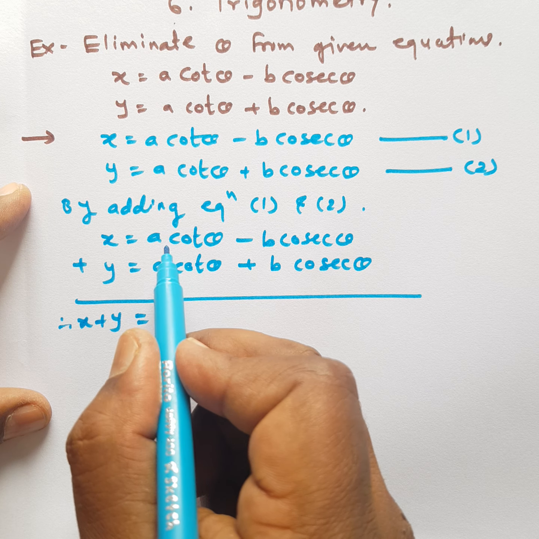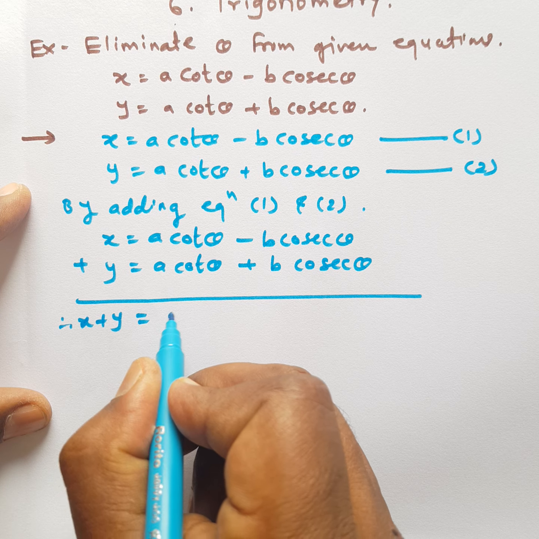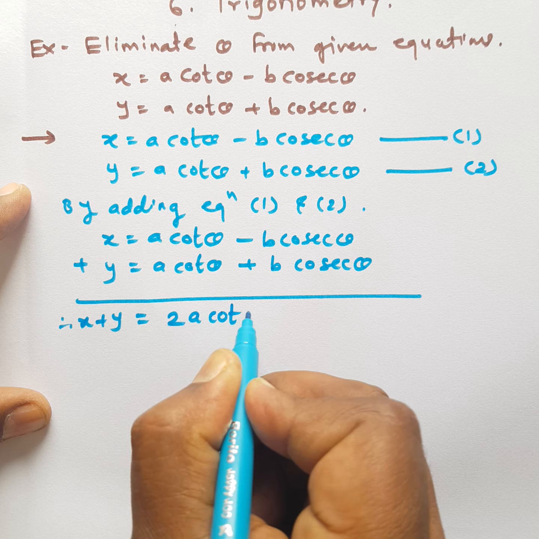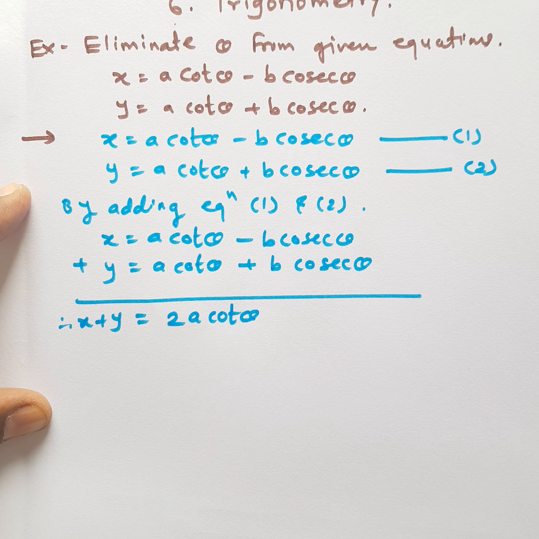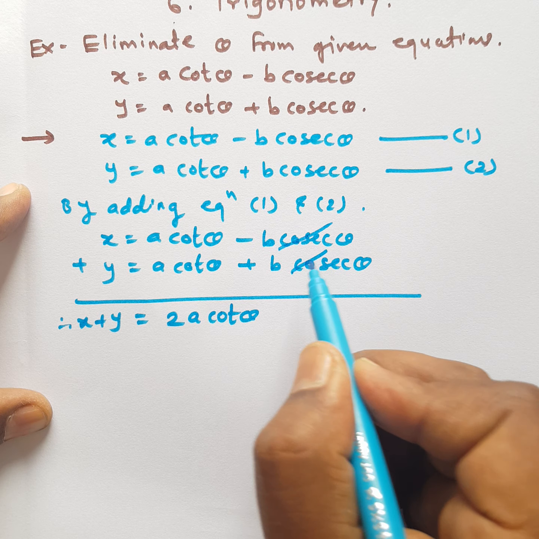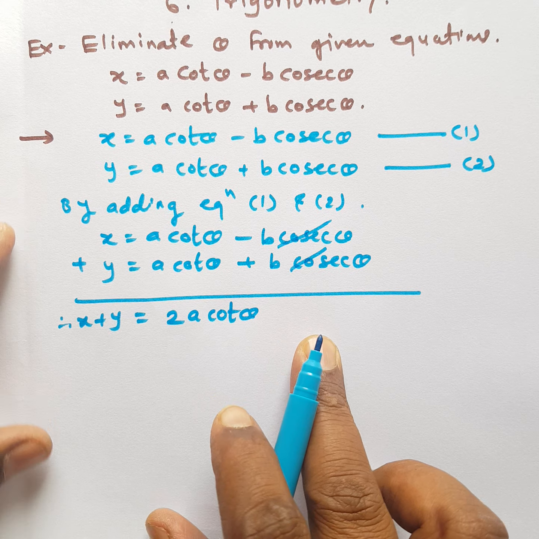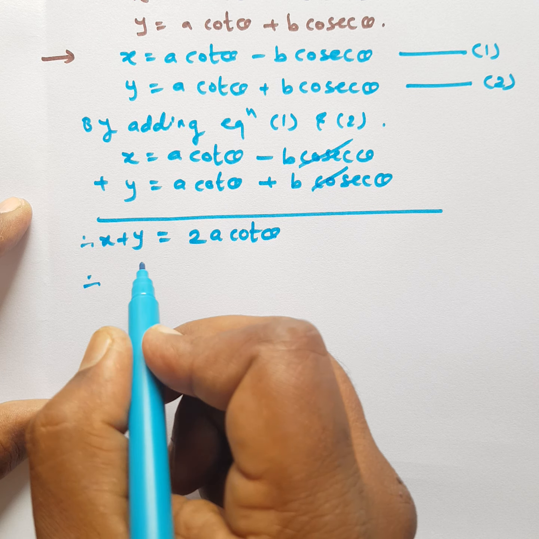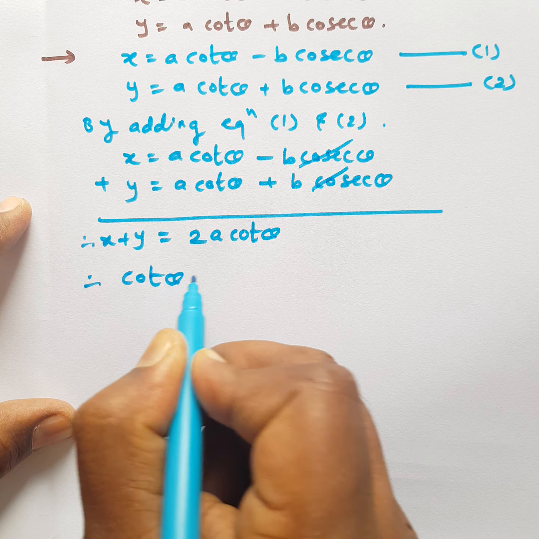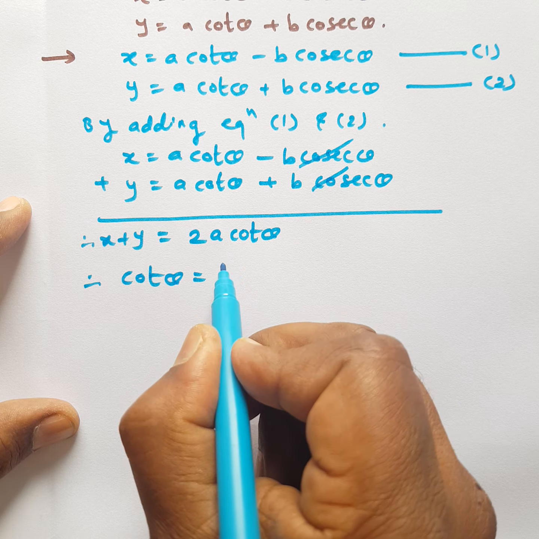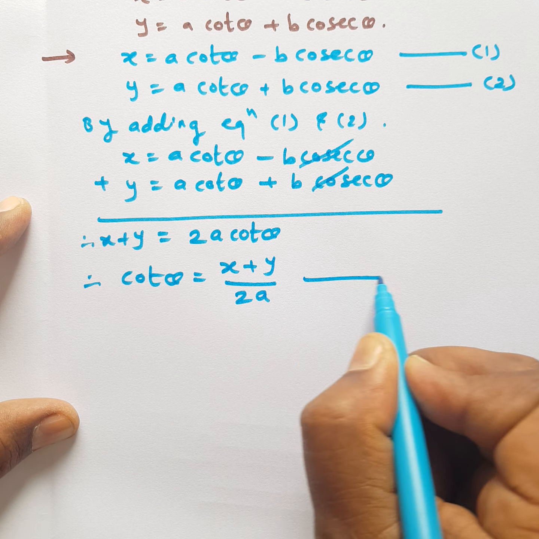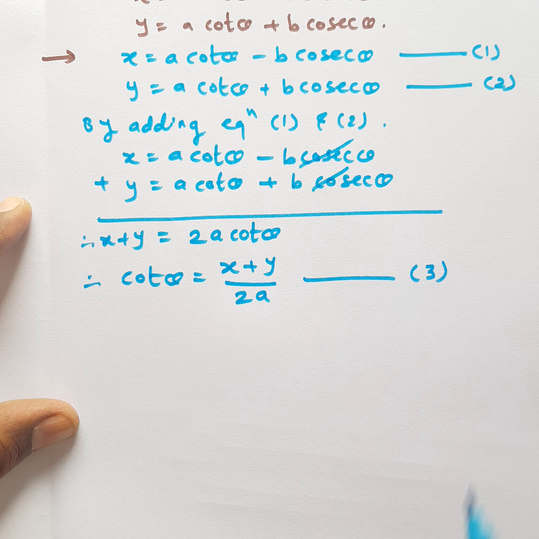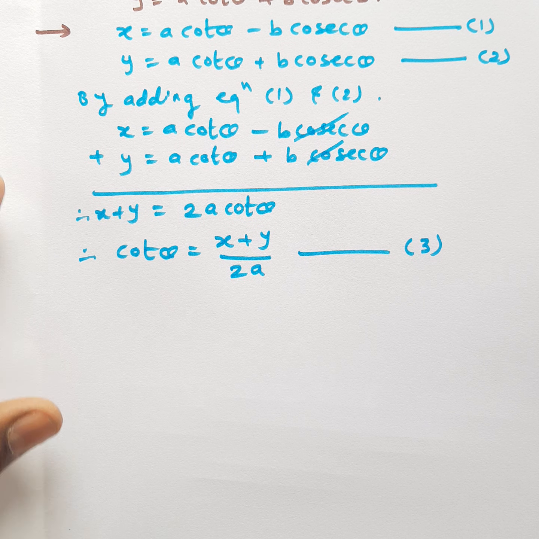Addition on the right side, a cot theta plus a cot theta will be 2a cot theta, and minus b cosec theta plus b cosec theta will cancel, means plus 0. Therefore cot theta will be x plus y upon 2a. Let us give number 3 to this equation. Here we got cot theta.